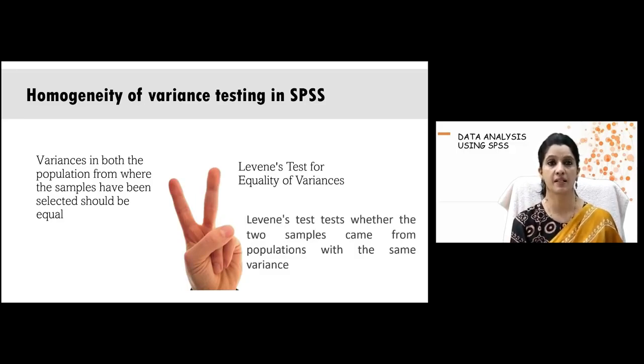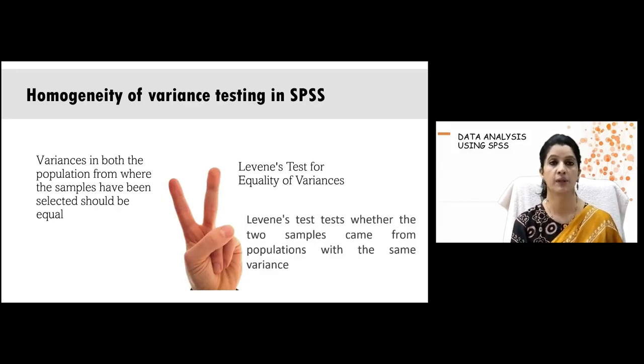And we test it by a test known as the Levene test for equality of variance. We have used one named test before, the Shapiro-Wilk test. The Shapiro-Wilk test is for testing normality, whereas the Levene test is for testing the equality of variance. The Levene test tests whether the two samples came from populations with the same variance or not.